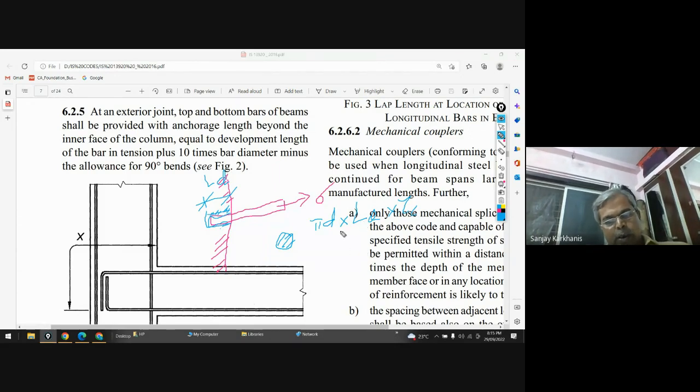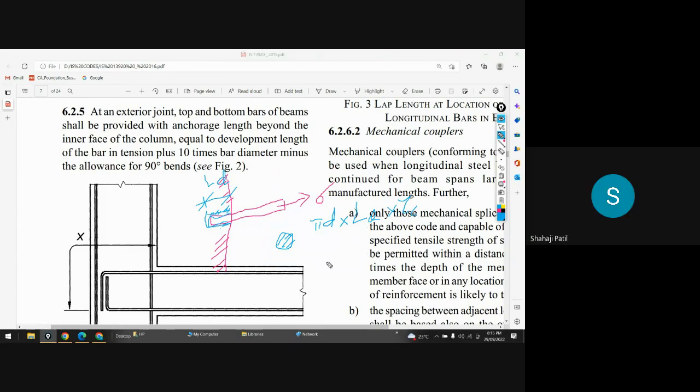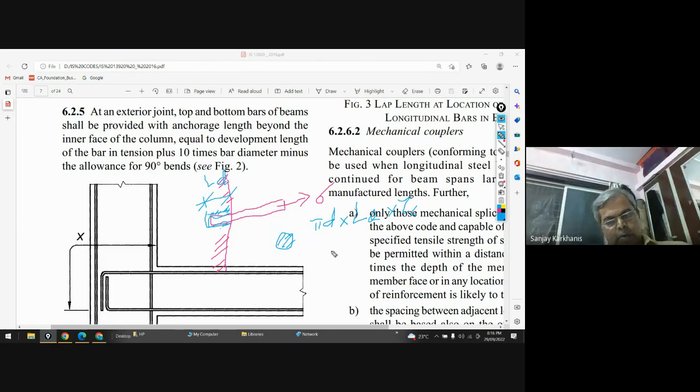So this will be the resisting force. Clear? And this is equal to sigma. Now, if sigma is more than this, then the bar will get pulled out. And if this resistance is greater than sigma, then this resistance will not allow the bar to get pulled.